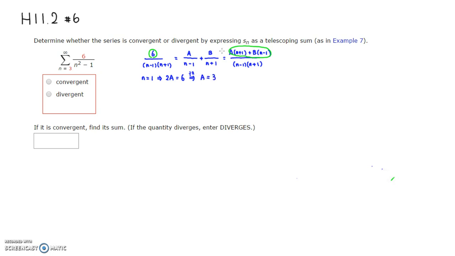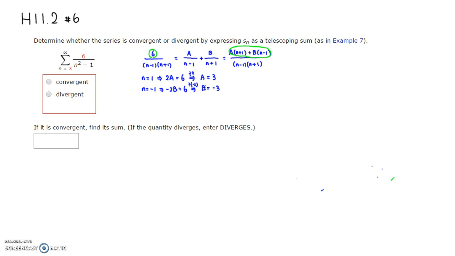So we can divide through by 2 to get A equal to 3. Then in order to find B, we can set n equals negative 1. That way the A term is 0, so we have negative 1 minus 1, which is negative 2B, and the other side is still 6. So we can divide through by negative 2 to get B equal to negative 3.